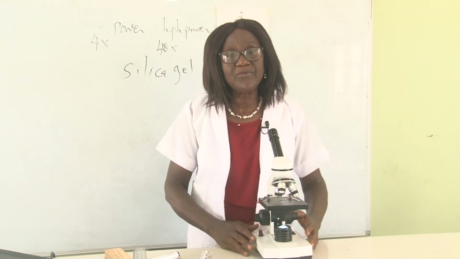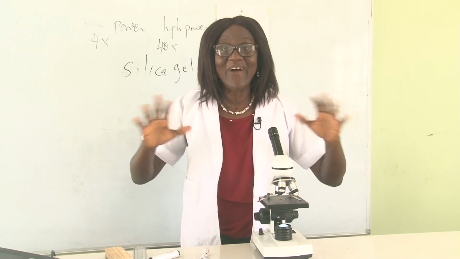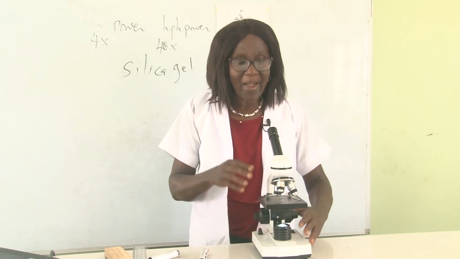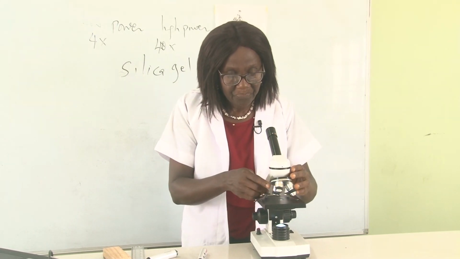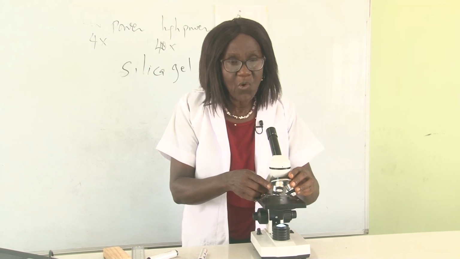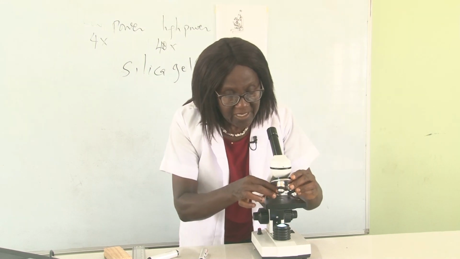So this is how to keep the microscopes from fungi. Then also dust can worry the parts of the microscope. And so the dust can be removed by blowing on the various parts.